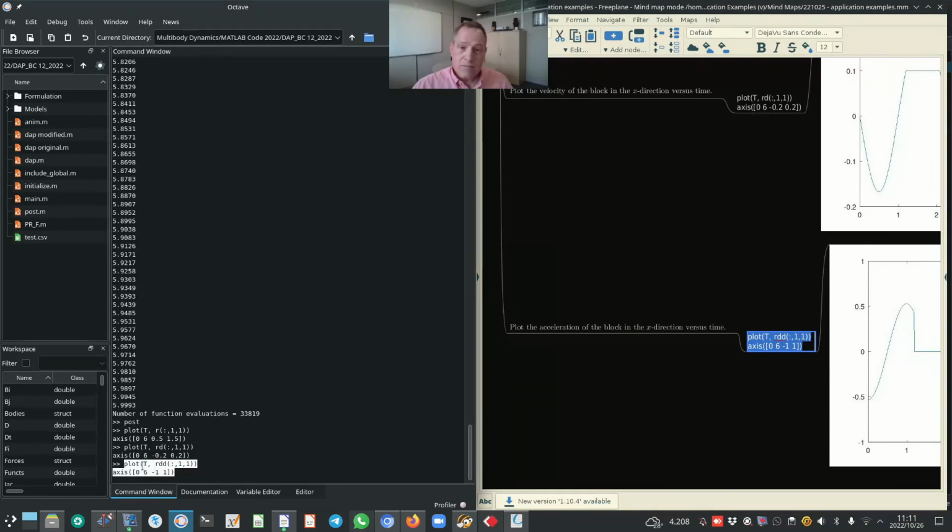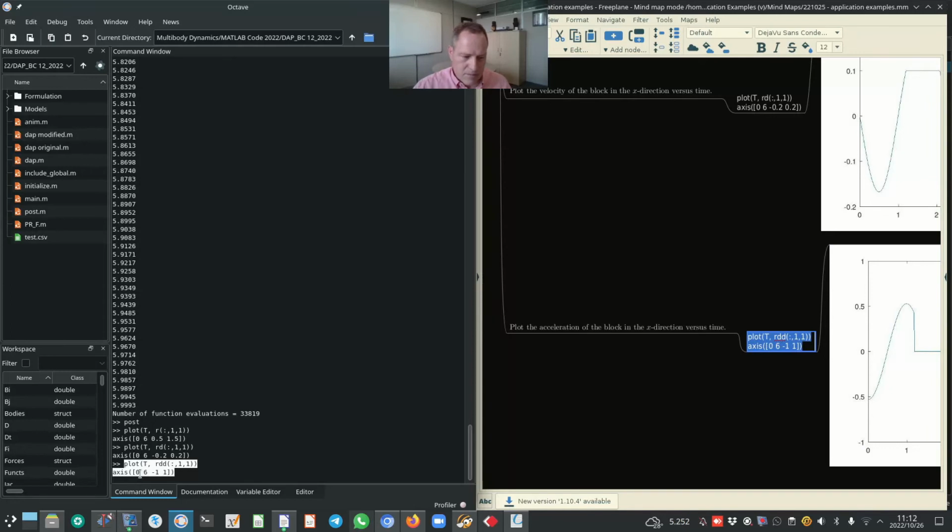So now it plots all the reporting time instances, capital T, comma, RDD, which is the acceleration vector for all the reporting time steps. We are looking for body 1, that's the one in the second position here, and we're looking for the x component of the acceleration, which is the first component, and that's the one in the third location there.